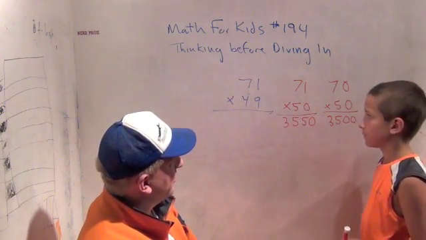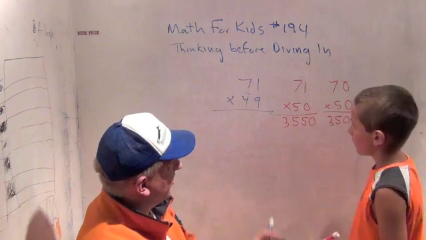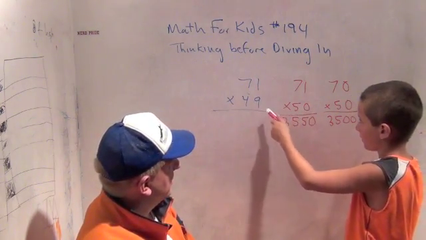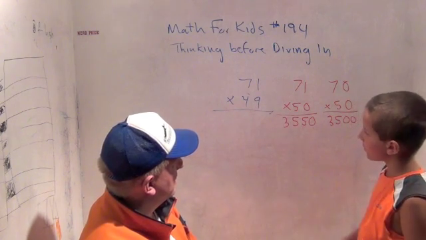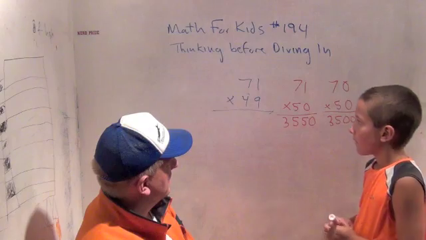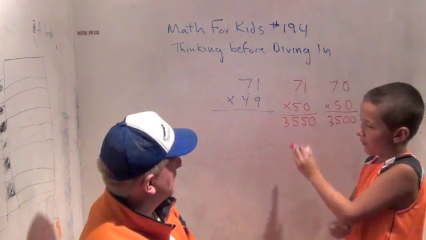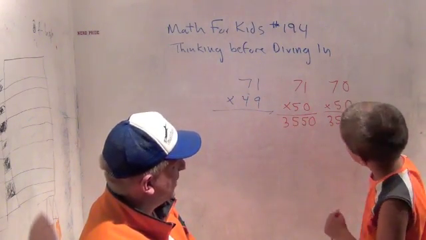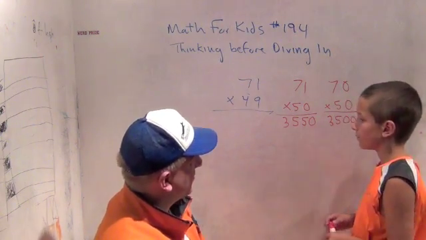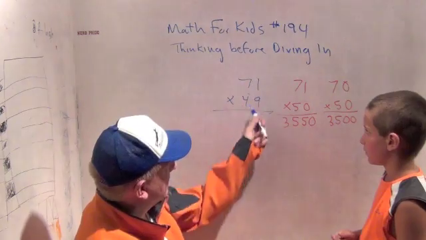Now, is that the answer that we're looking for over here? No. What do we need to do to go from this answer to this answer? We need to subtract a 71. Okay? So 3,550 minus 71 is the same as 71 times 49.